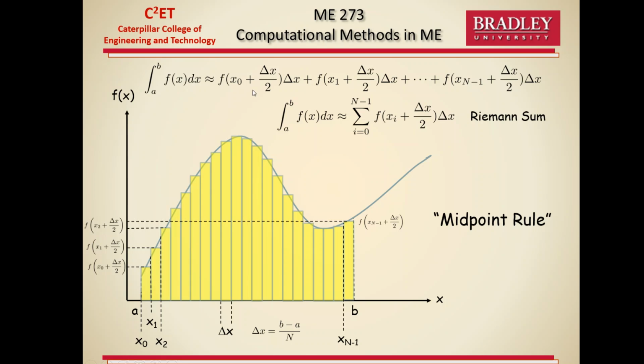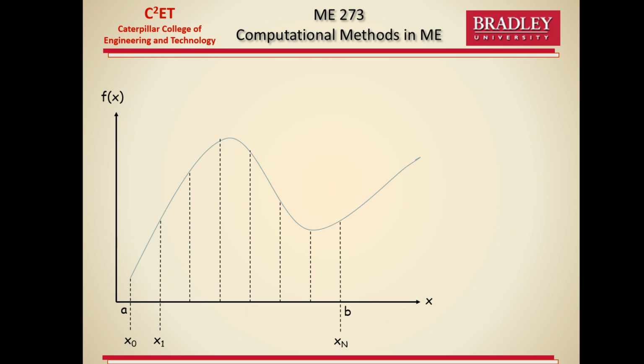This is using rectangles to try to approximate the area under the curve. Now we can improve on this if we change the shape. So look at the next slide here. Once again, this is that exact same function. Now, instead of rectangles, you can see I have dotted lines drawn.